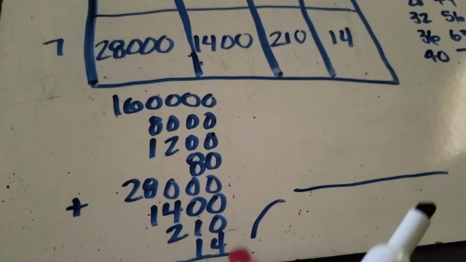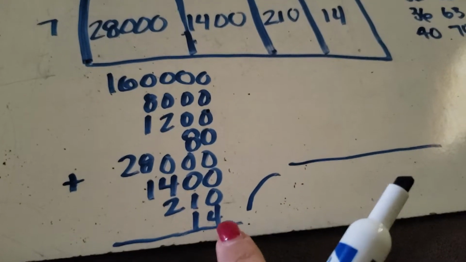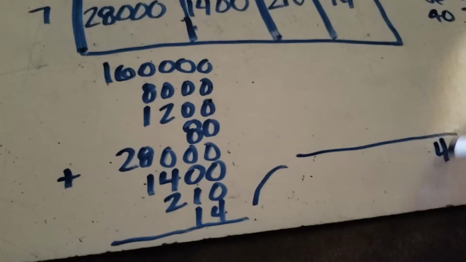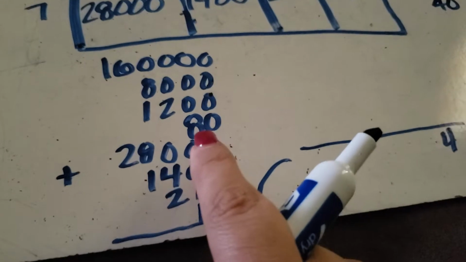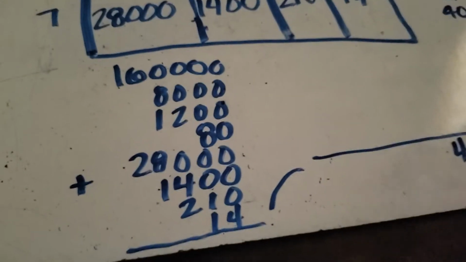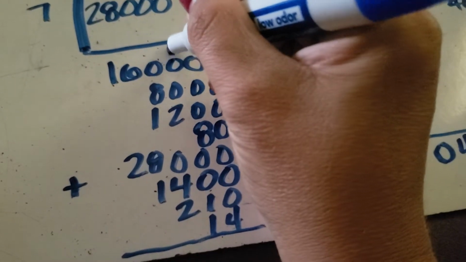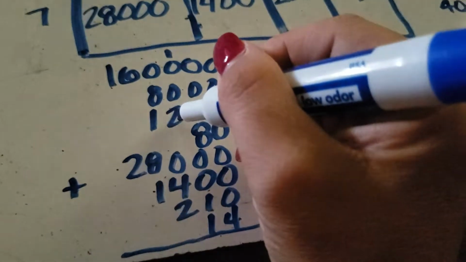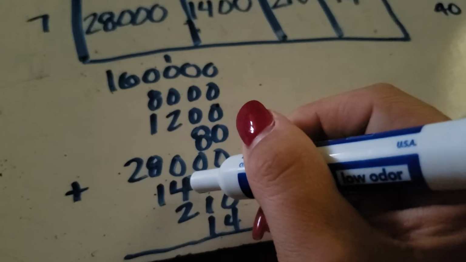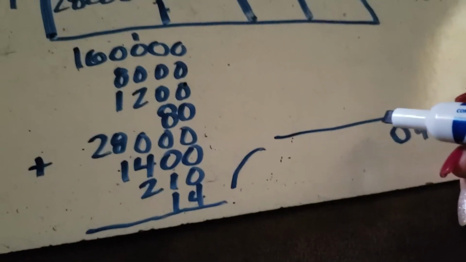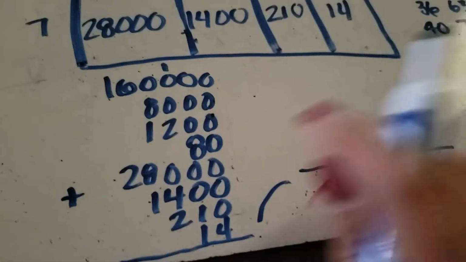So this right here, we know that when we add this together, it is 4. So I'm going to put a 4 right here. We're going over 8, 9, 10. We're going to put our 0, and now we're going to have to carry our 1. 1, 2, 3, plus 4 is 7, plus 2 is 9. Nothing to carry this time.